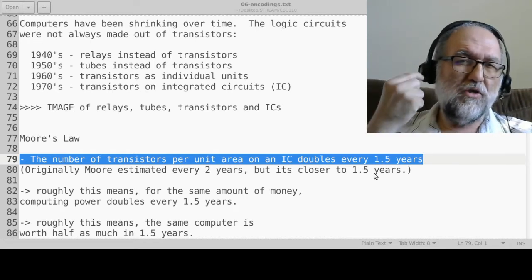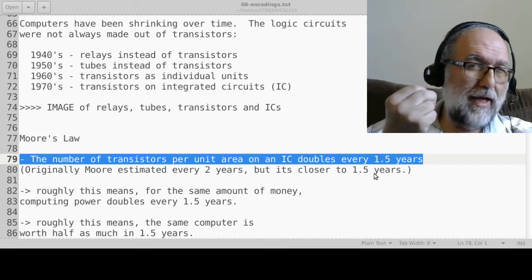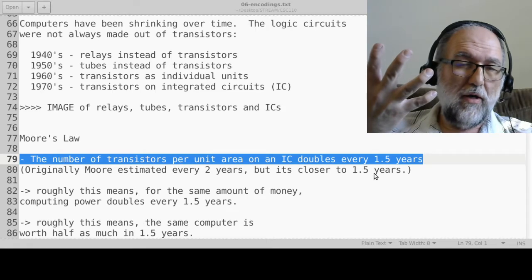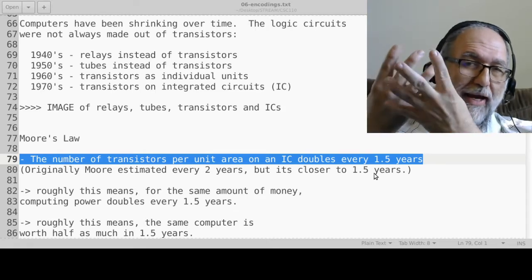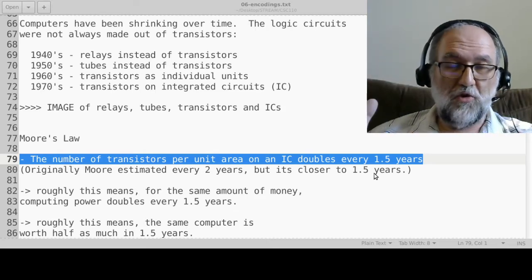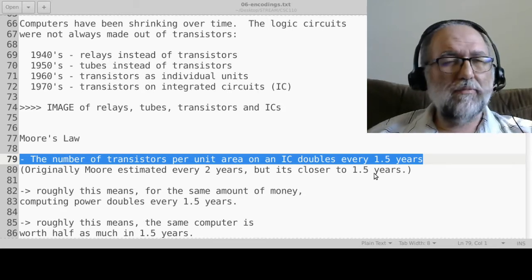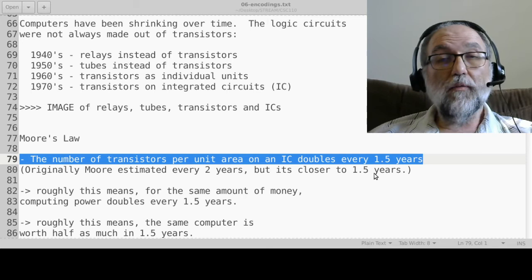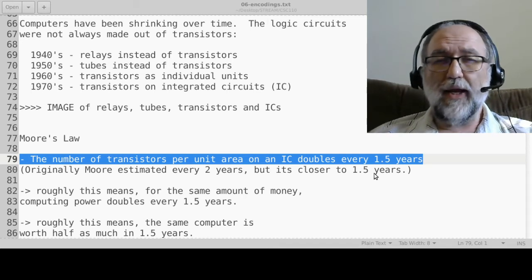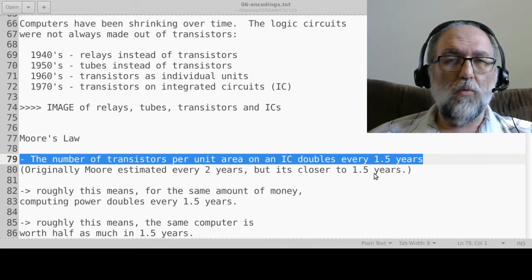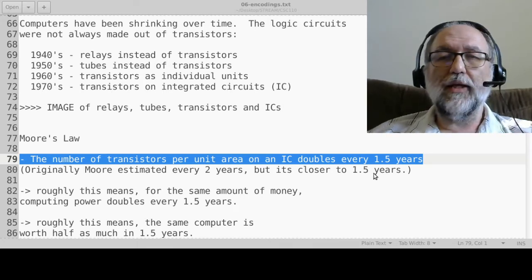One will produce two, and then each of those will produce two for four, and each of those will produce two for a total of eight, and then 16, then 32, then 64, and so on. You might say, okay, so what? Well, at first it's slow, but then it gets faster and faster and faster.